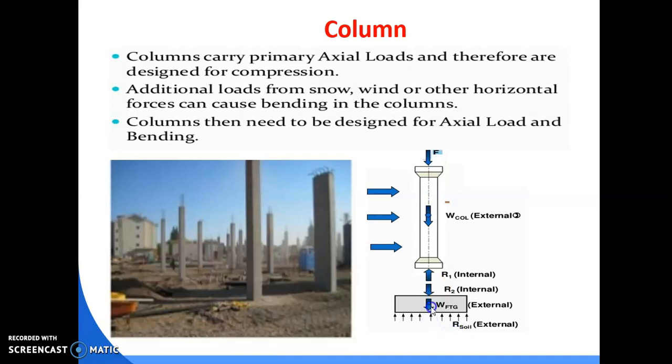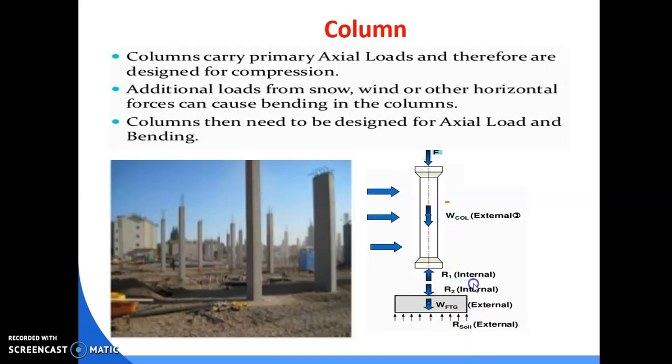The soil should give that type of reaction to the applied load F. There are some arrow marks here. These rightward arrow marks show the wind blow causing force applied upon the sides of the column.